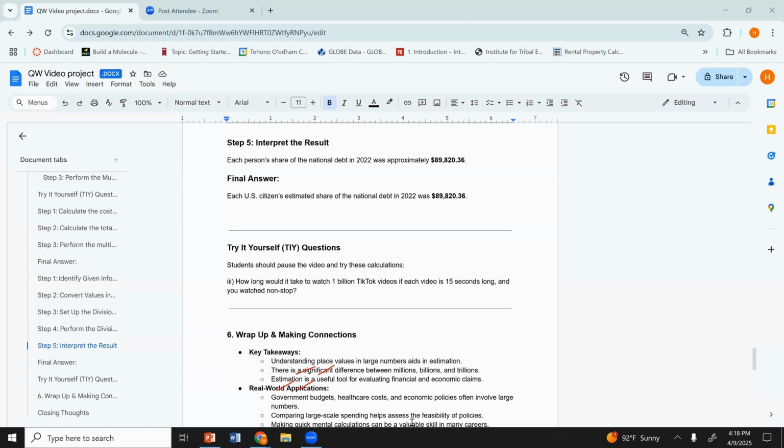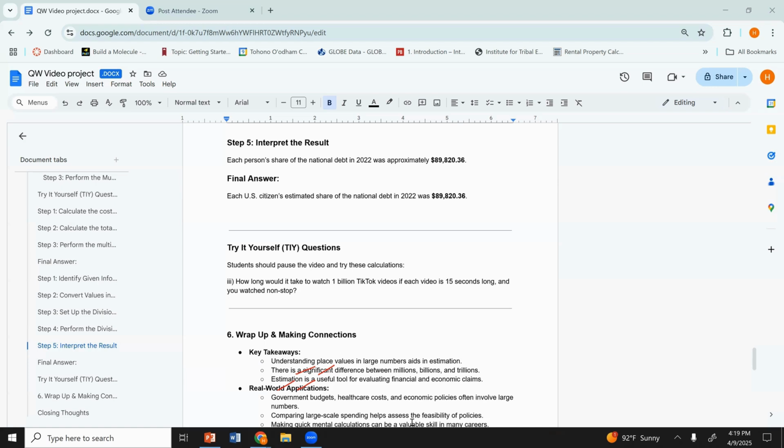So here we were also able to understand the difference between millions, billions, and trillions, and we used some simple ways to estimate and evaluate these numbers, so that we can easily do a quick estimate about any claims and see whether it makes sense to us.